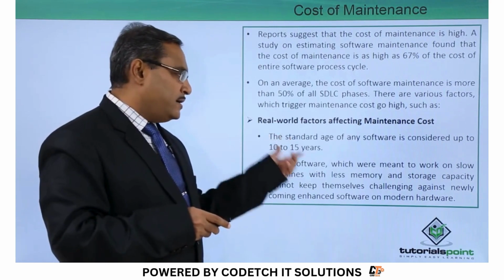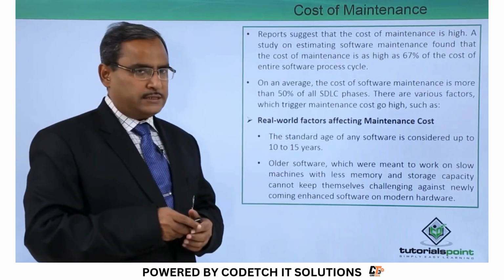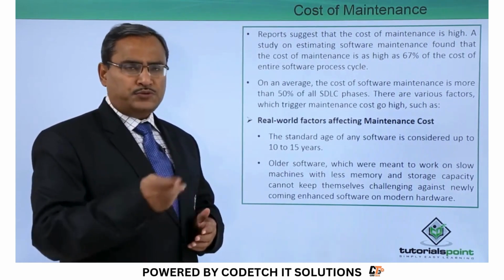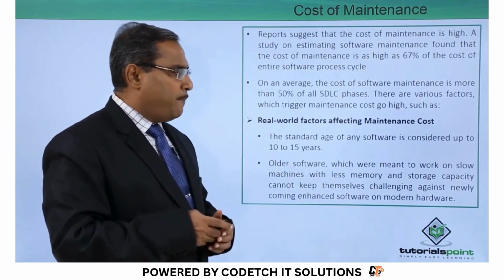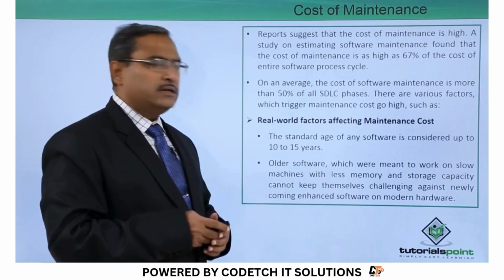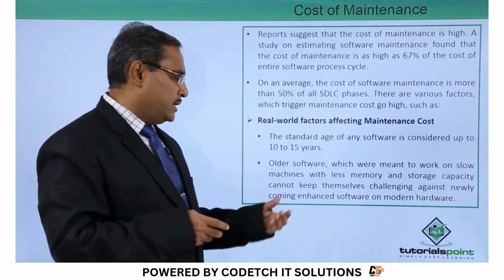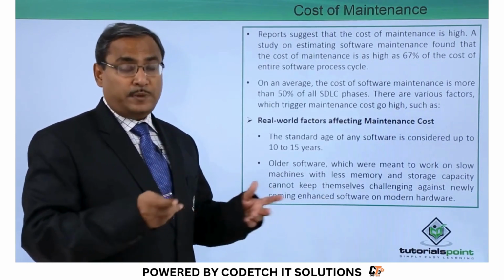The standard age of any software is considered to be up to 10 to 15 years. After that, the software would wear out, the software would become obsolete. Older software which was meant to work on slow machines with less memory and storage capacity cannot keep up against newly coming enhanced software on modern hardware and the respective operating systems.